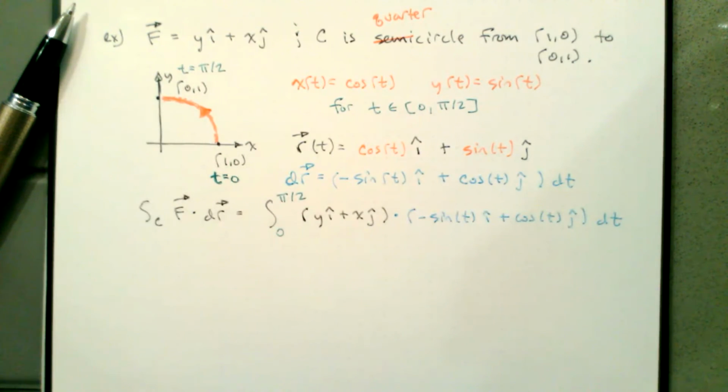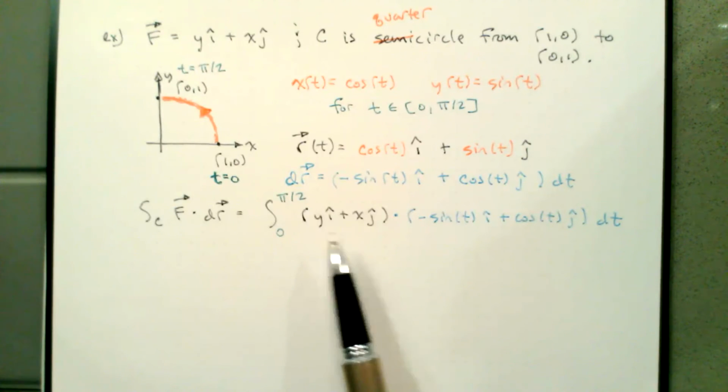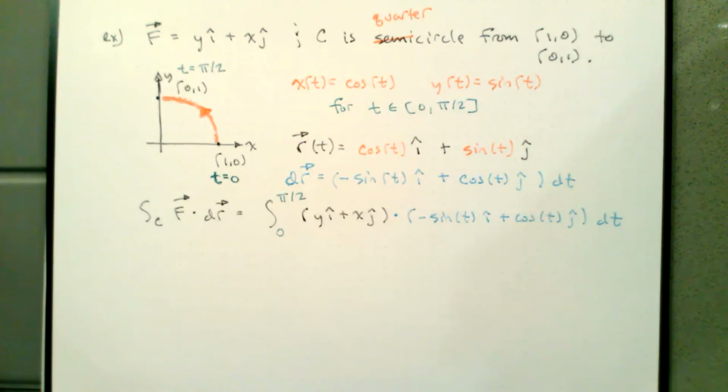At this point, we should look at the line integral we're building and say, hang on a second. This is supposed to be an integral dt, but our vector field is still y i plus x j. So what gives, Professor?